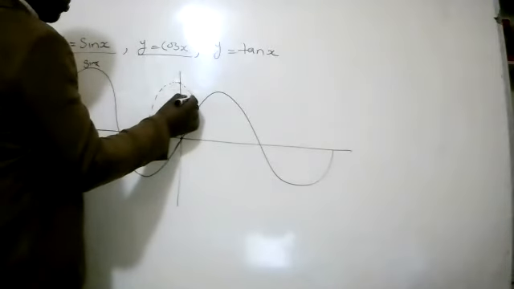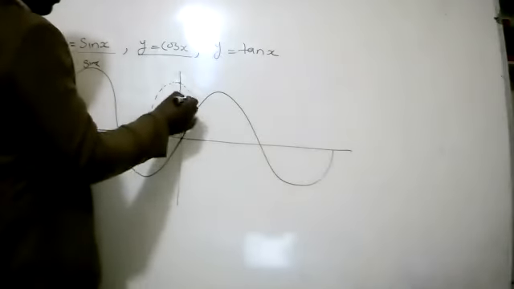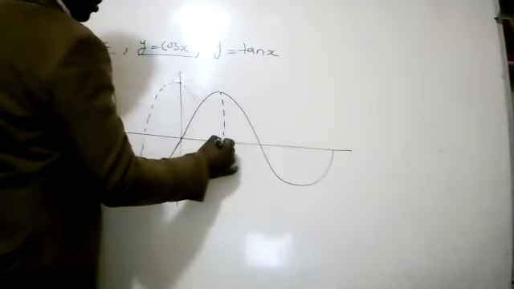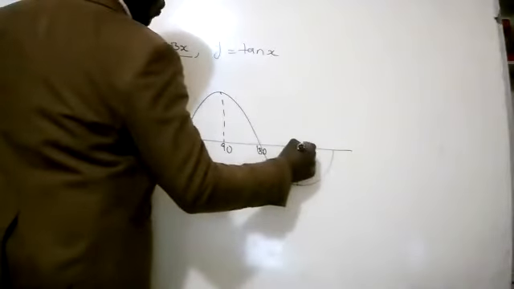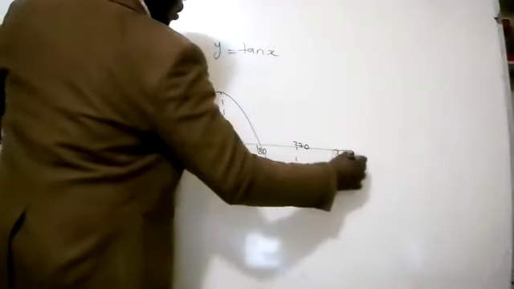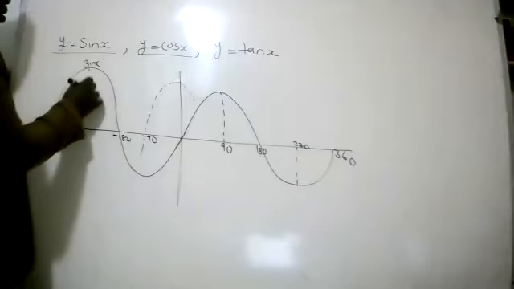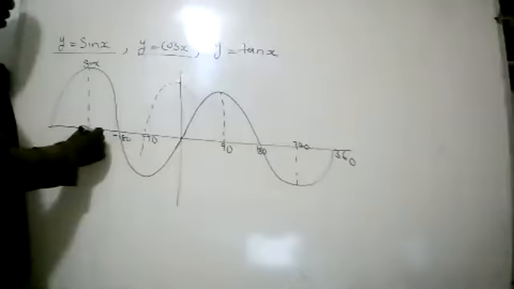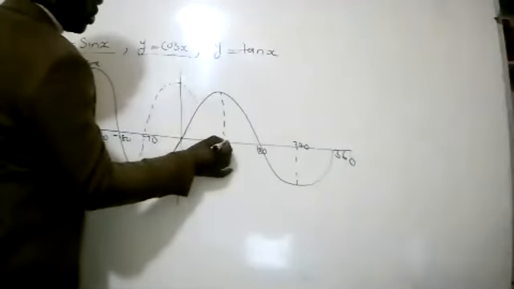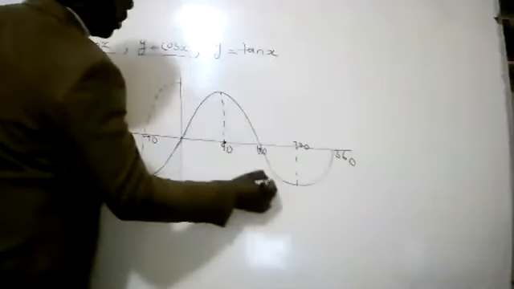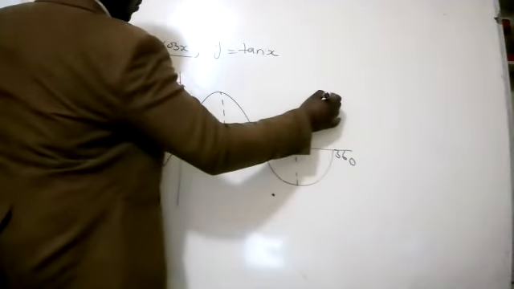Let me try to plot it. So here we have 90, here we have 180, 270, and then 360. Same this side, we have negative 90, negative 180, negative 270, negative 360, like that. So this is going to be 0 here, and then negative 1 down here, and then 0 there, and then positive 1.